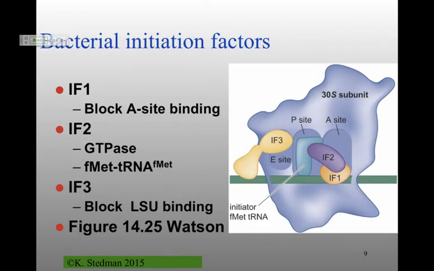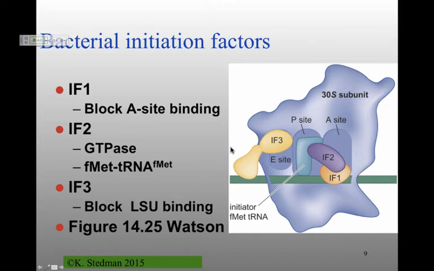So how does this all get put together? It's not just the initiator tRNA, which is here the blue thing right in the middle, associating with your messenger RNA. There also are a number of other sites which are present here and other proteins, E site, P site, and A site.